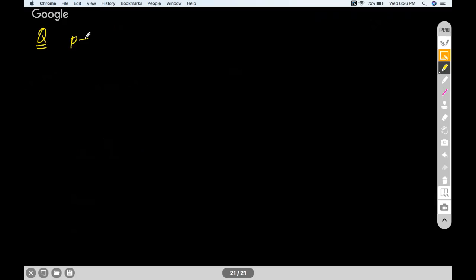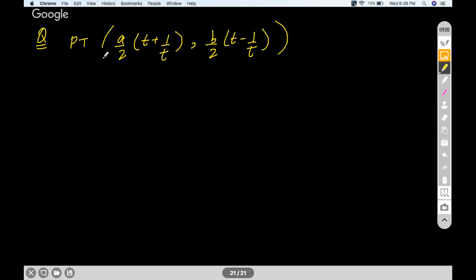Prove that the point (a by 2)(t plus 1 by t) comma (b by 2)(t minus 1 by t) lies on the hyperbola, and get the equation of the hyperbola as well.